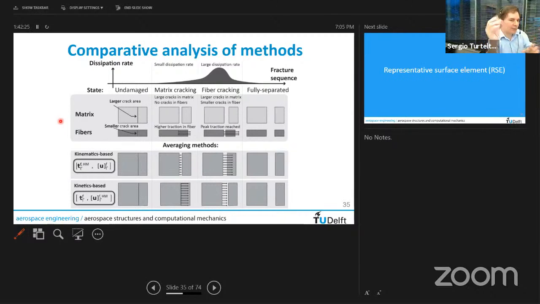But that quantity, that crack opening, has no relation to the force being transmitted, because the force is being transmitted by the fibers. So you're multiplying a quantity which has been heavily averaged, where the weight of the average comes from the matrix, and you're multiplying that with a fiber. Those two are not connected.